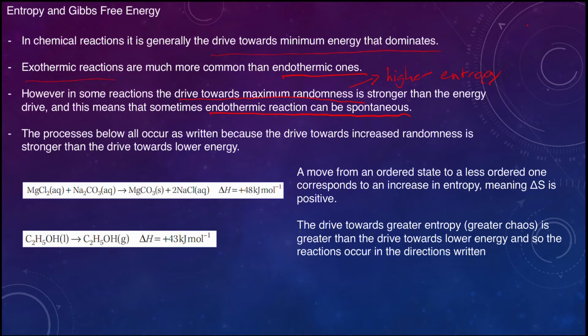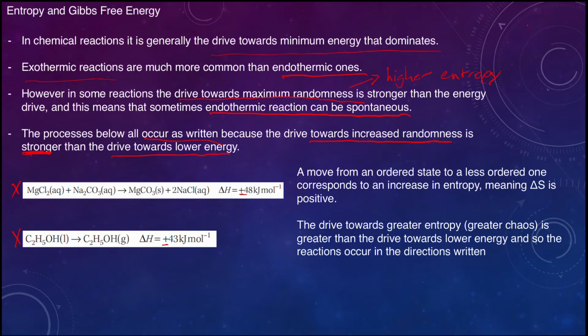So we've got two processes occurring down here. Both of them have a positive delta H, so they're both endothermic reactions. They occur as written because the drive towards increased entropy or increased randomness is stronger than the drive towards lower energy.